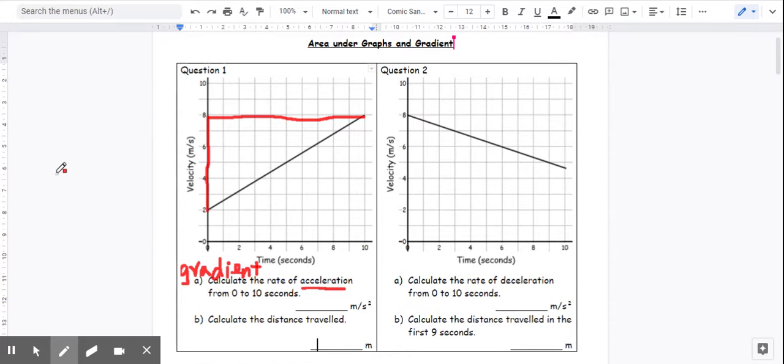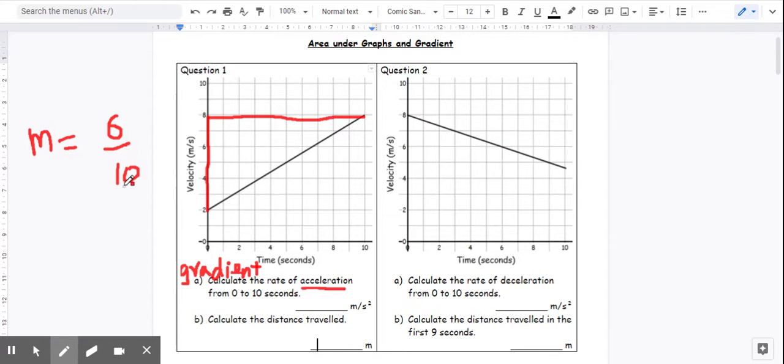So the acceleration is the gradient, which is m equal to the rise, from 2 until 8, which gives me 6 meters per second, divided by the run, which is from 0 all the way until 10.